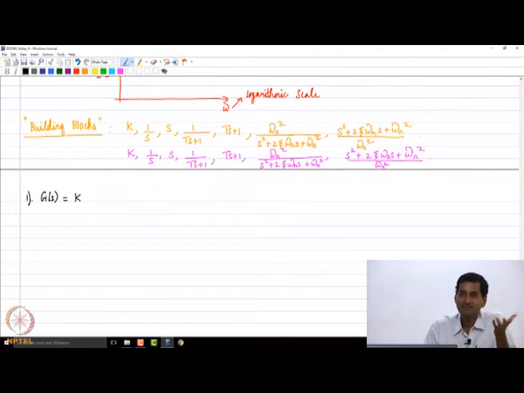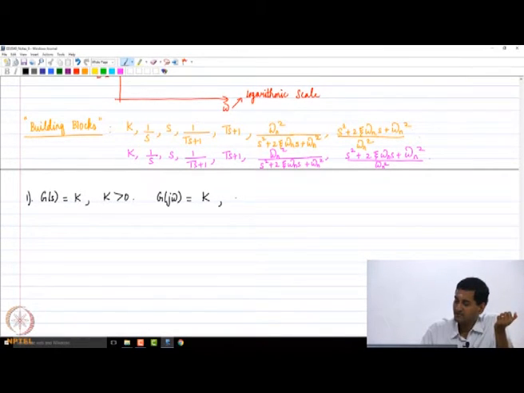Anyway, k is a real number, and of course k is greater than 0, otherwise I can't take the logarithm. Now what happens if I want to plot the Bode diagram? If g of s is k, g of j omega is going to be just k.